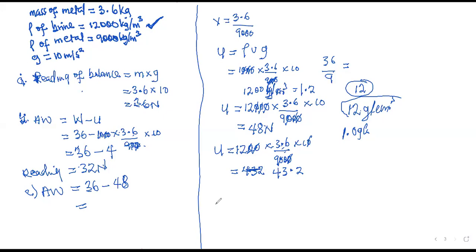Frimpoma, your hand was up. Sir, please, the volume, the 3.6 over the 9 that's there gives you 0.4. So if you multiply it by 12, it gives you 4.8. 1,200 by, you said the volume, let me divide. 3.6 divided by 9,000, right?